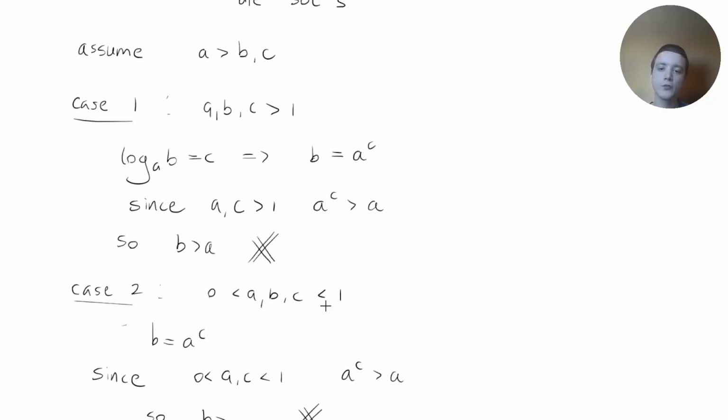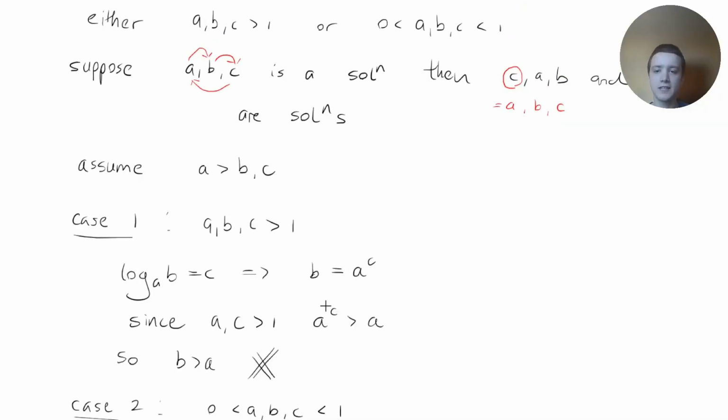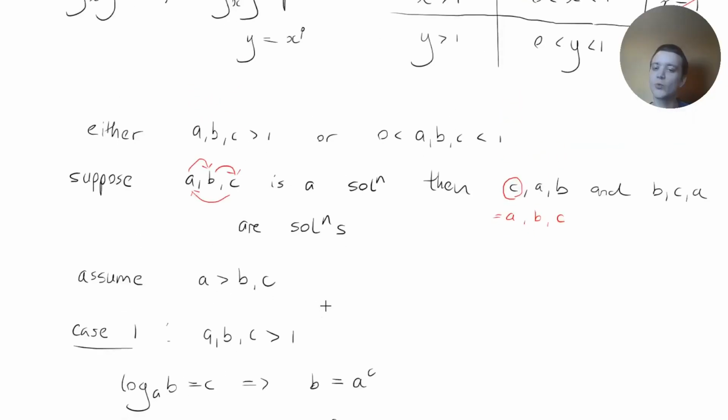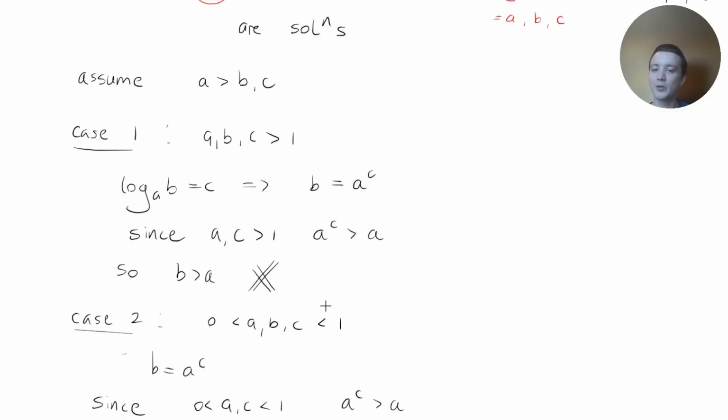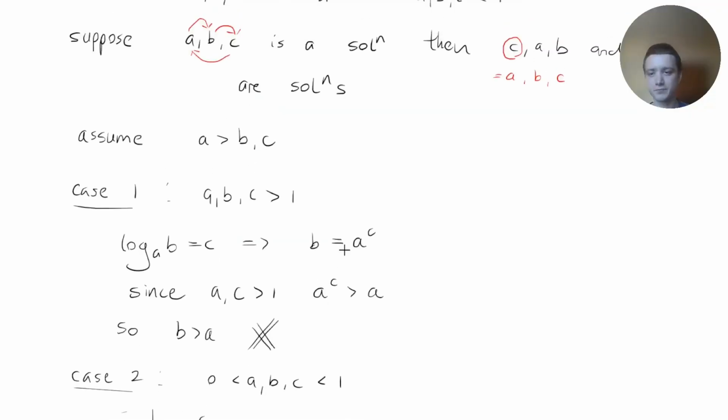So, if we look over our working, we can see that we've only made logical steps. So where could we have gone wrong? Why are we reaching these contradictions? Well, the only possible false assumption we could have made is that there is a solution in the first place.